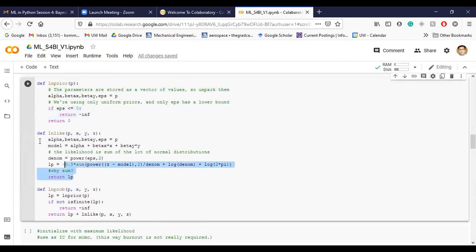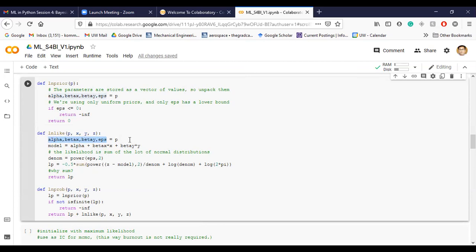So now, how do we define the log likelihood? This is the most important function for optimization, and here we have 4 parameters: alpha, beta x, beta y, and epsilon, which is the noise which we have added. And these are the parameters which we are trying to find.